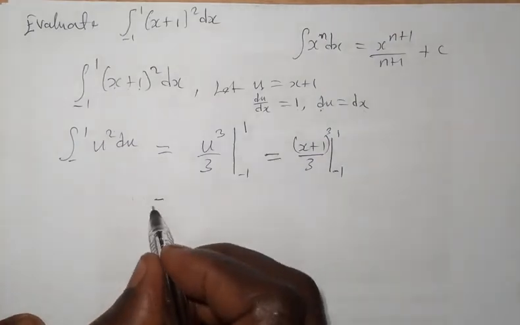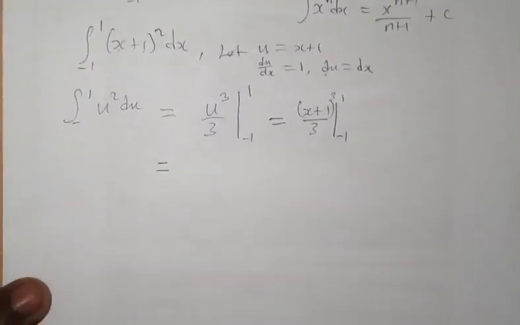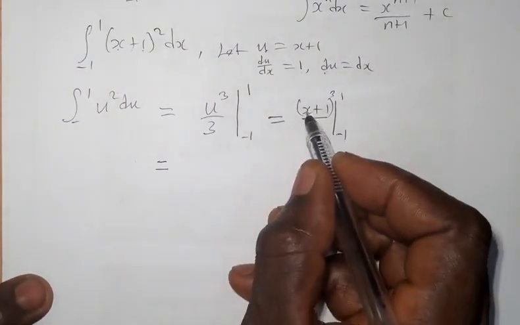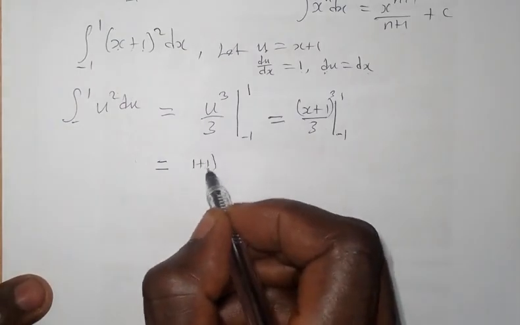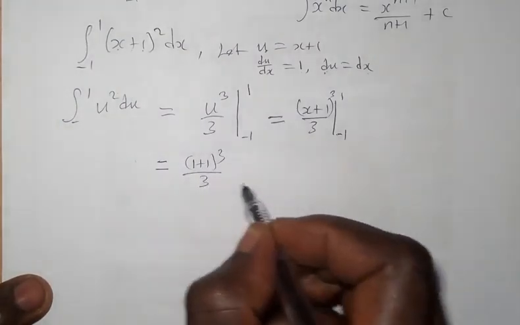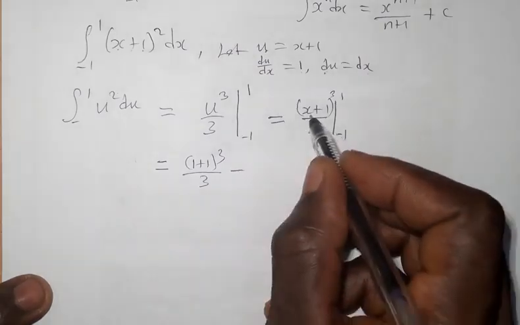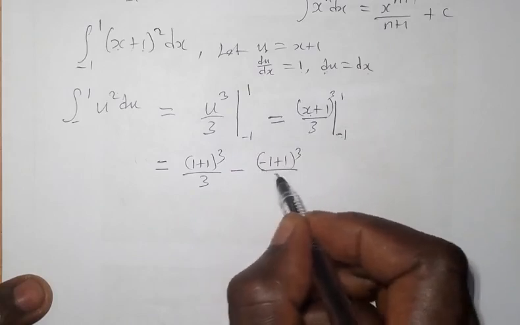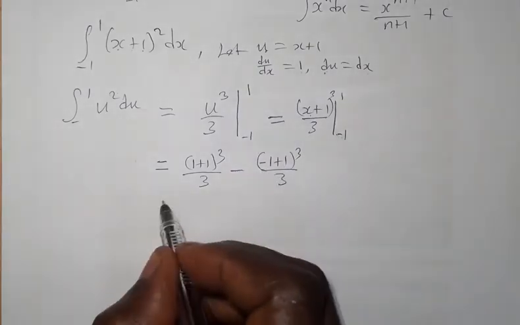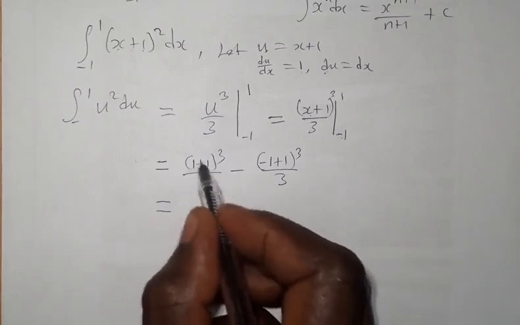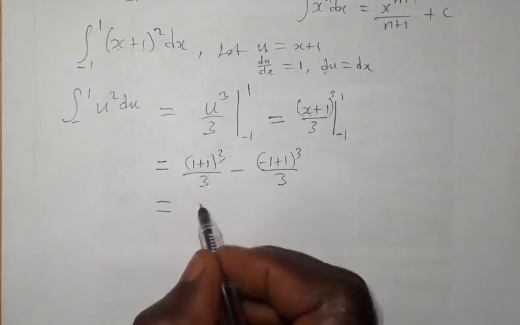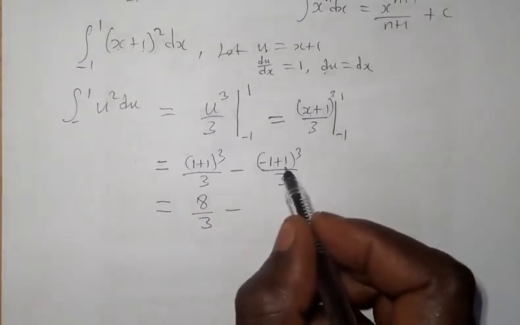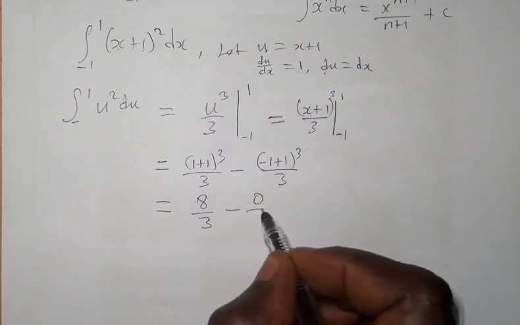So this will be equal to, when you substitute 1 here, 1 plus 1 all raised to the power of 3 over 3, minus, when you substitute minus 1, minus 1 plus 1 all in bracket raised to the power of 3 over 3. The sum of the first is 2, and when you cube 2 it gives 8 over 3, minus, the sum of the second is 0, so 0 over 3.